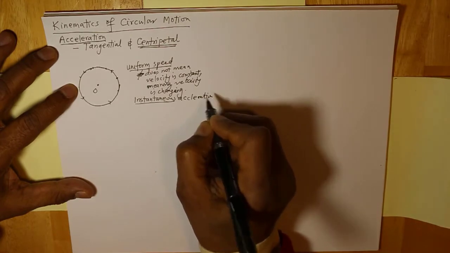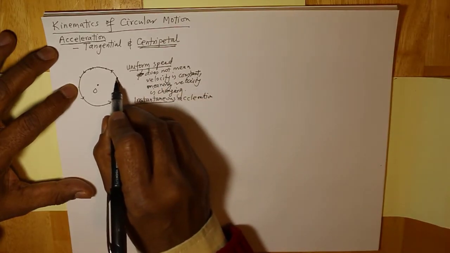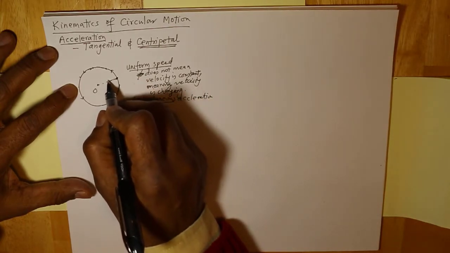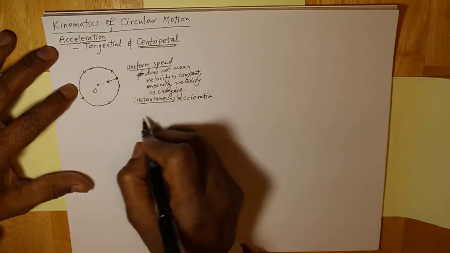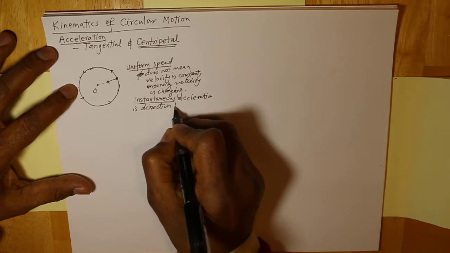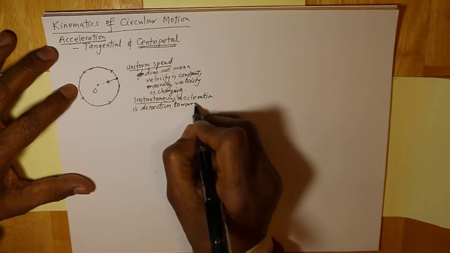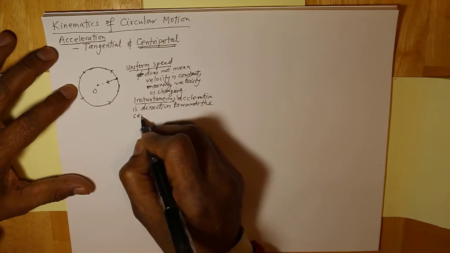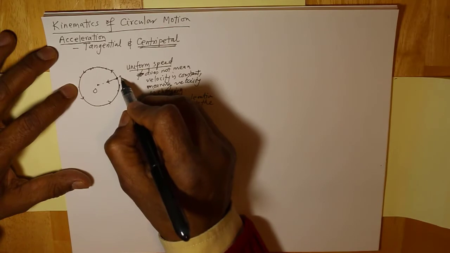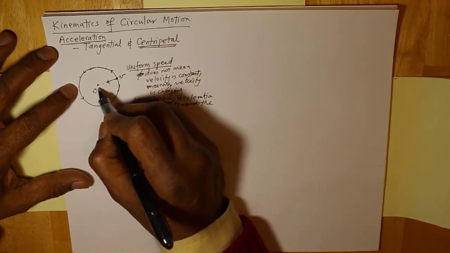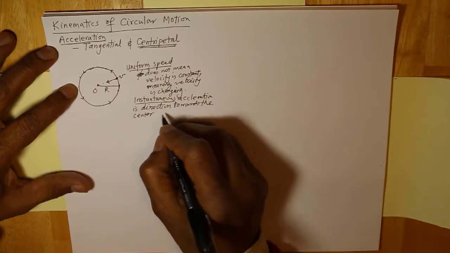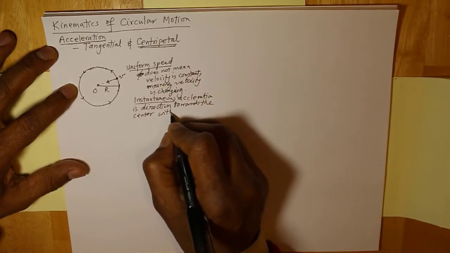And when you analyze it, you find that the instantaneous acceleration, meaning I pick a point in time and ask what's the acceleration at this instant, is pointed towards the center. The direction is towards the center, and it has a magnitude that depends on how fast it's going and the radius of the circle.